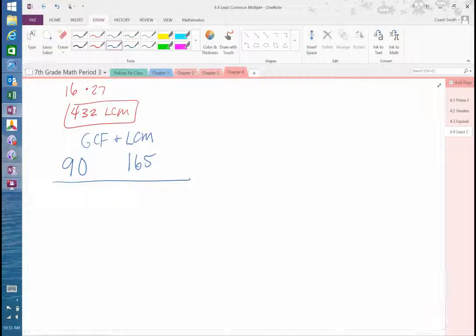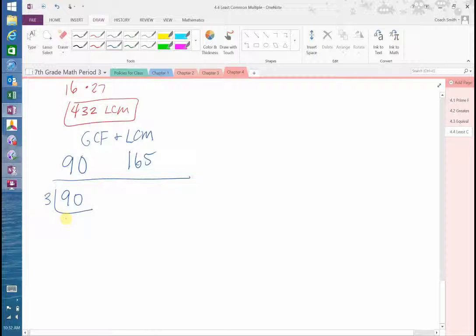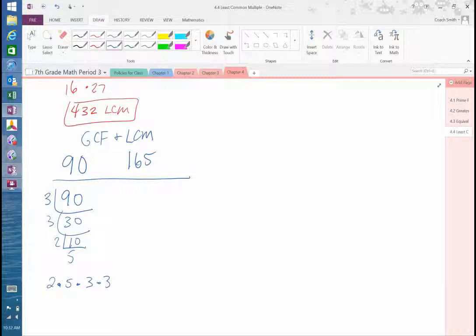So the process for the first part is still the same. Prime factor 90. That would be 3, 30, 3, 10, 2, 5. So remember, when we're doing greatest common factor, we need to list out the prime factorization. Okay, you don't want it in exponents because of the way you have to do greatest common factor.